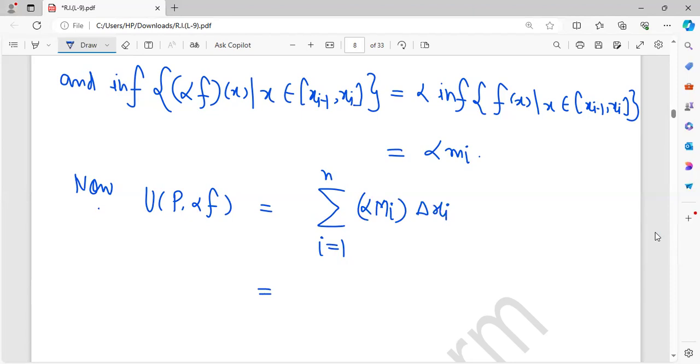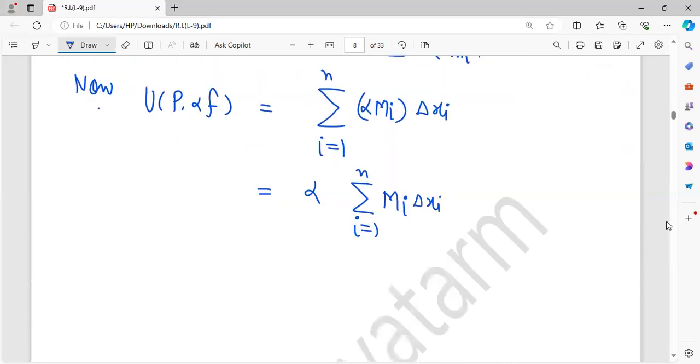So I can take alpha outside. What is this? This is alpha times U(P,f).